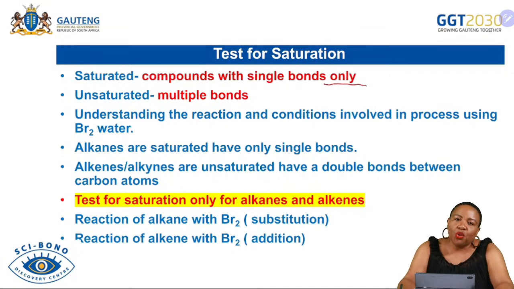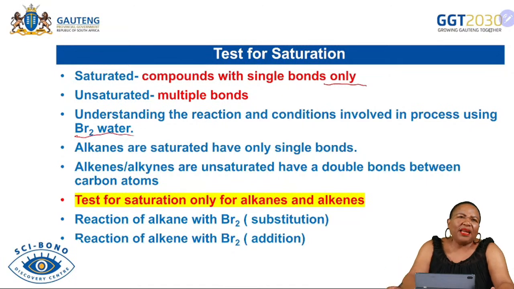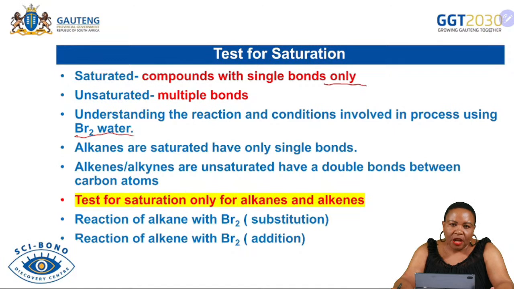Now, what do we use to test for saturation? In terms of testing for saturation, we are going to use what we call bromine water. The color of bromine water is orange-brown. Now, how will the bromine water react with an alkane, which is saturated, or with an alkene, which is unsaturated?